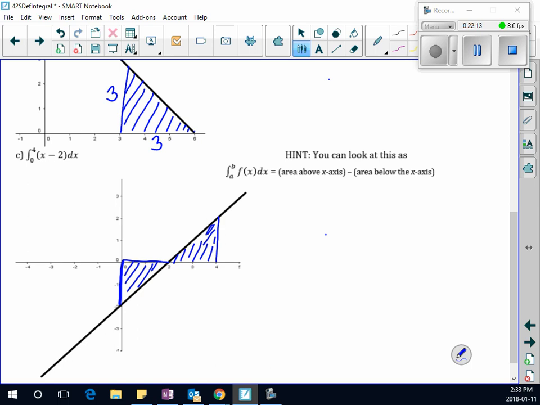So, hint, you can look at this as the area above the x-axis, subtract the area below. So, what's the area above? It actually is the same as the area below, right? So the net area would be 0.